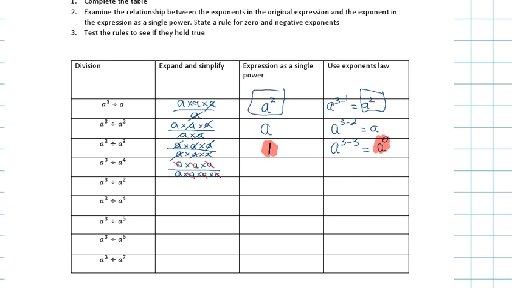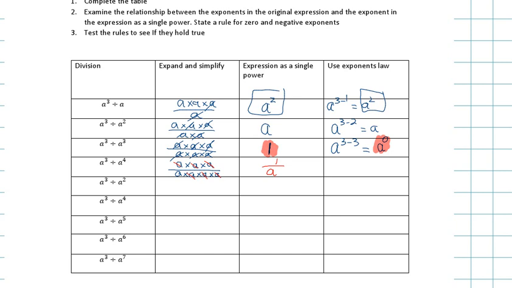So I would write this as 1 over a. It is in the bottom. It's 1 over a. Because in the top I don't have anything left, so I have only 1. And then in the bottom I only have a left.